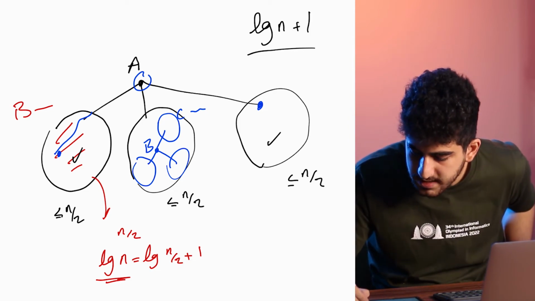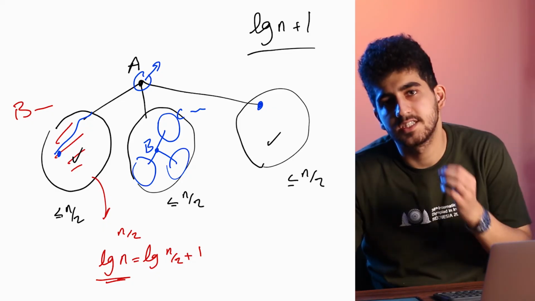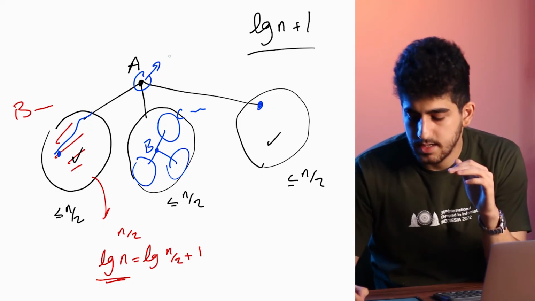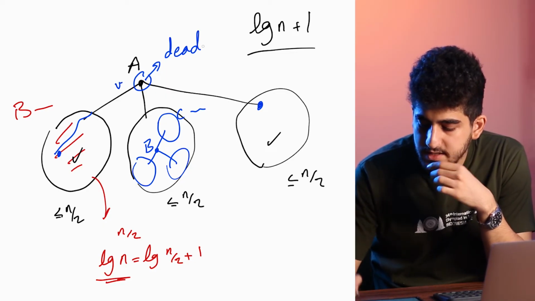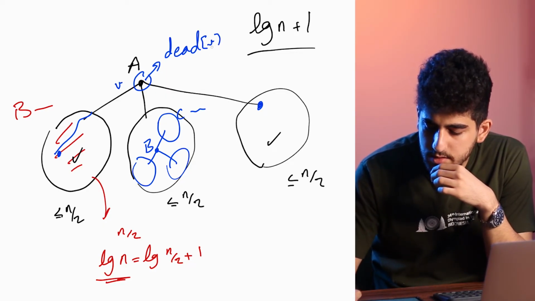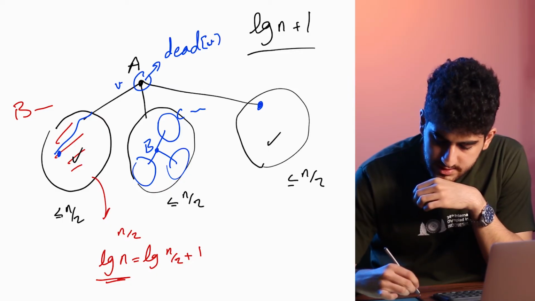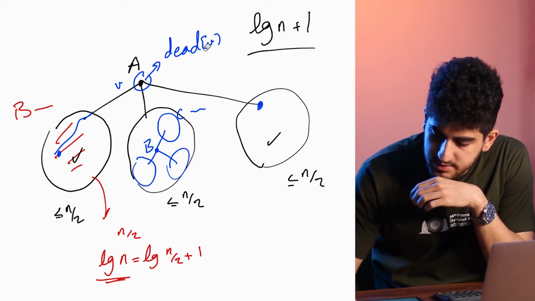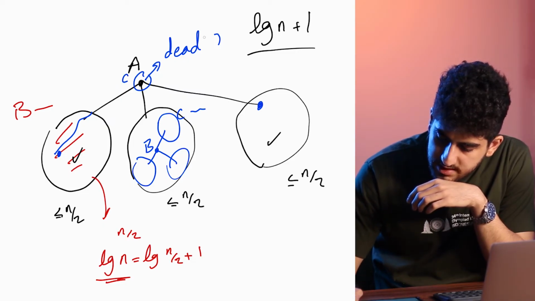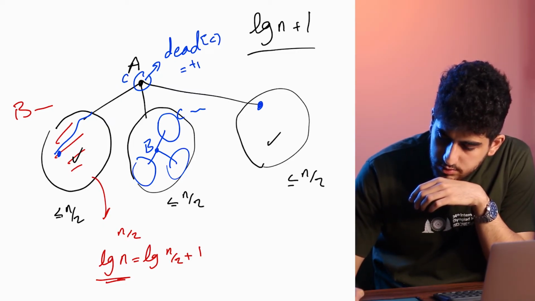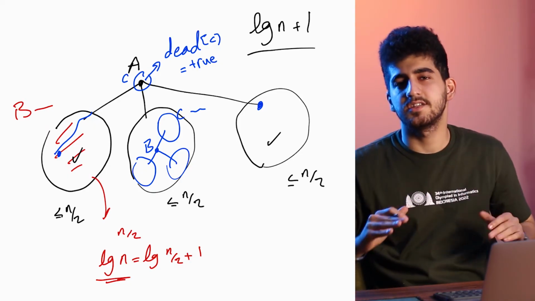And all of the vertices which you have processed, you can make them dead. So, for example, if this is vertex v, you can say dead of v equal to, let's call it c, as it stands for centroid, because this is the centroid. So you can make dead of c equal to true, so that you are sure that this vertex is dead.